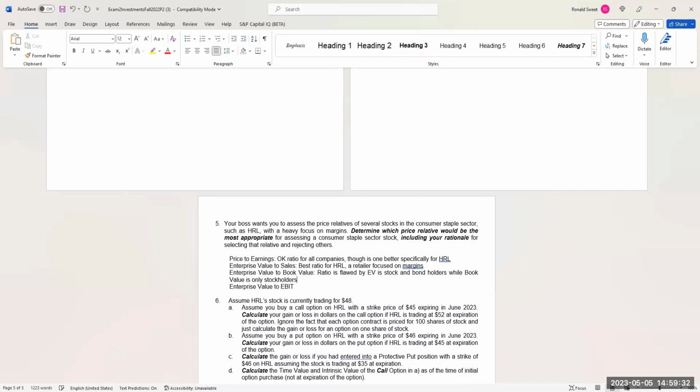You don't have to say much. I just want you to acknowledge that. And the enterprise value to book value ratio is fine, but mainly used for tech companies focused on growth.